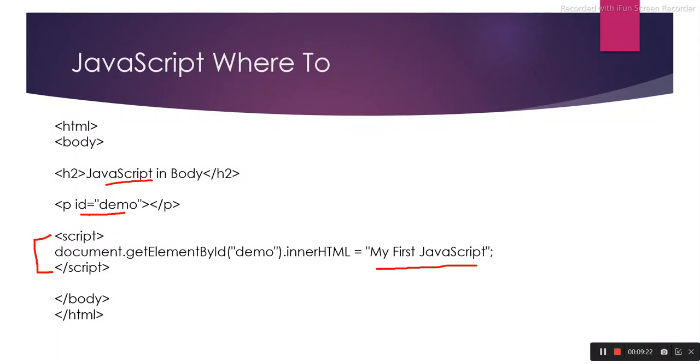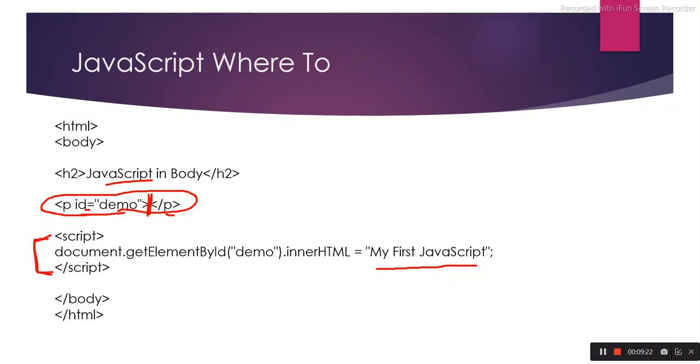Now see here, initially this paragraph has nothing. You can see there is no content available inside the paragraph. I am just opening the paragraph and closing the paragraph. I am trying to write the content inside the paragraph with the help of JavaScript. This is my scripting.